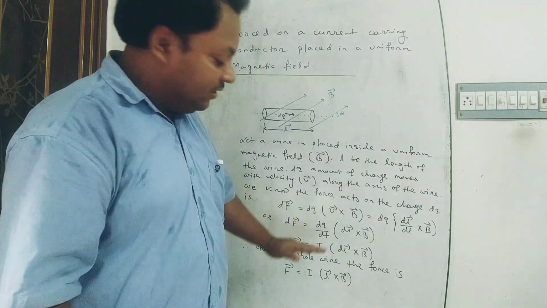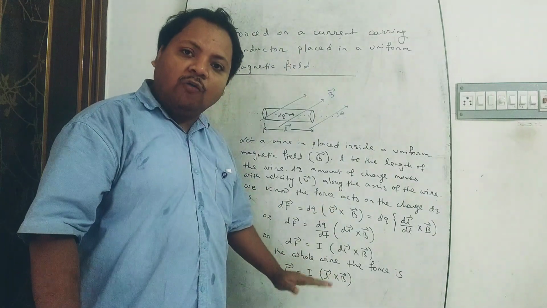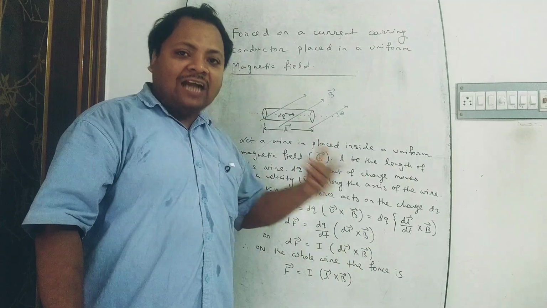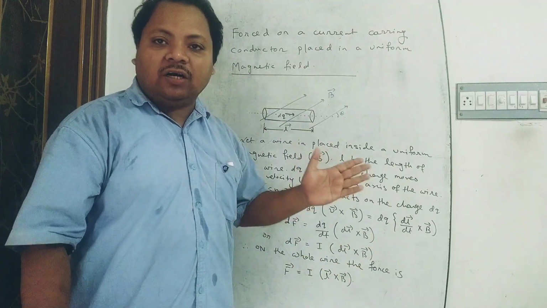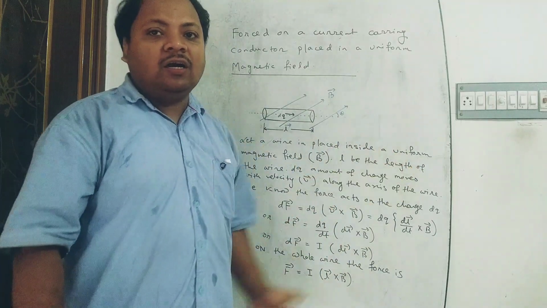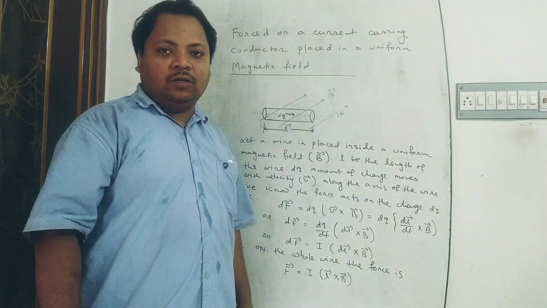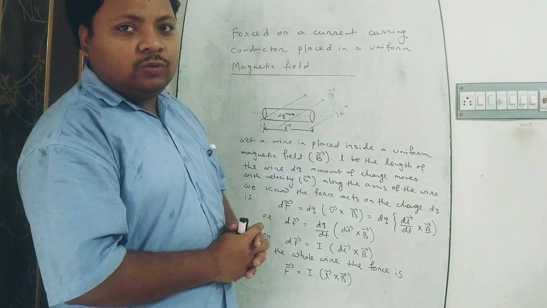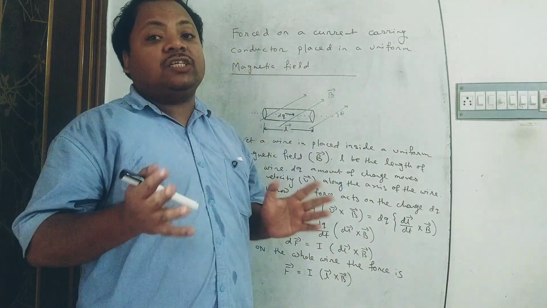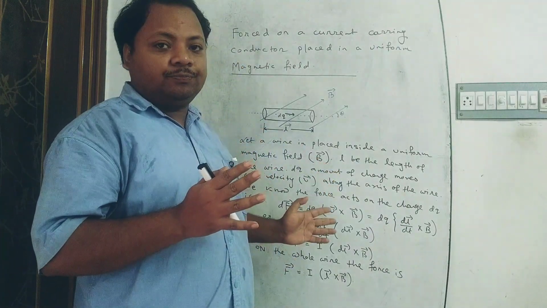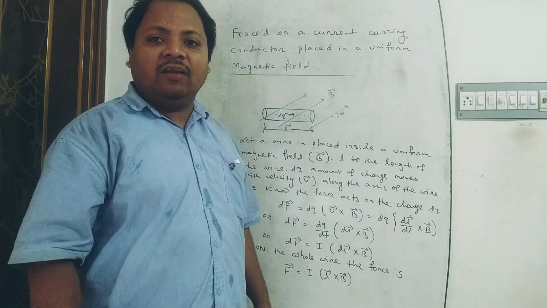This is the expression of the force acting on a straight current carrying conductor placed in a uniform magnetic field. We can also determine the direction of this force by Fleming's left hand rule.